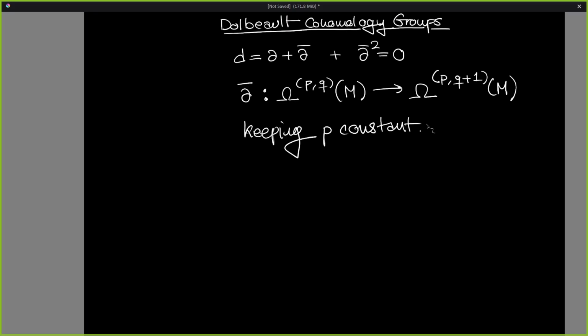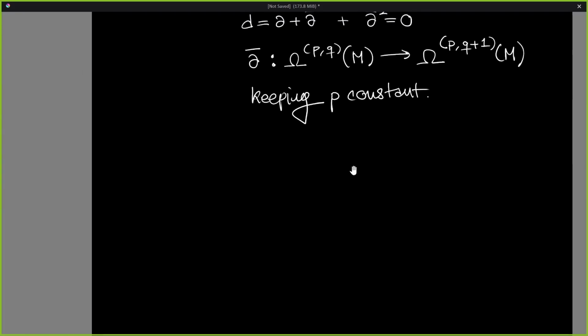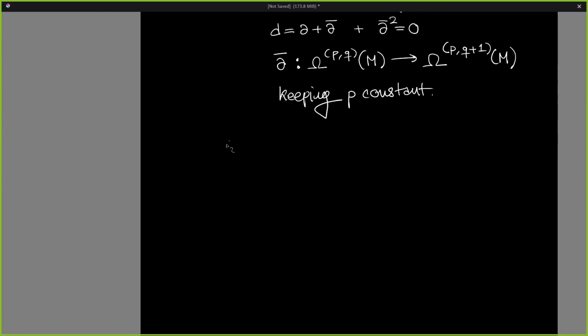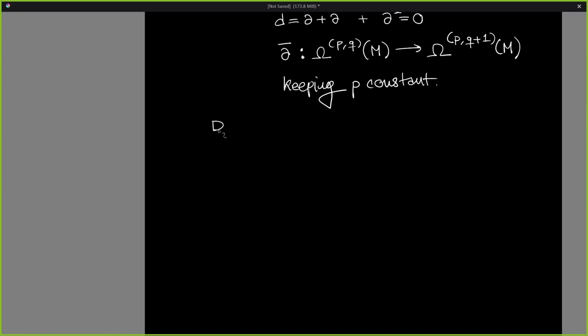So we're going to construct another chain complex here, and this is called the Dolbeault complex. Last time we started with the intuitive picture and then we ended with the complex.